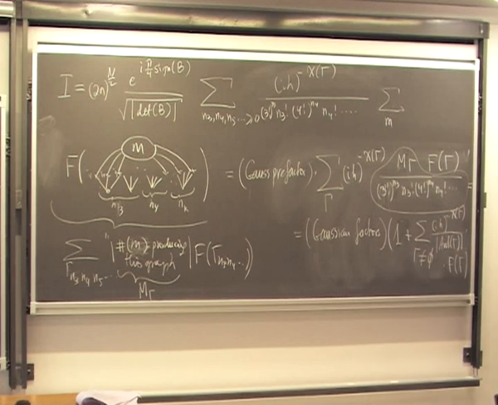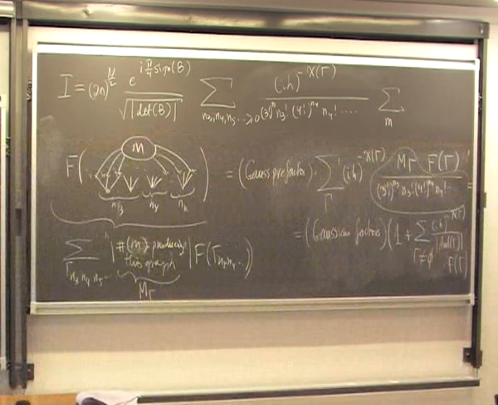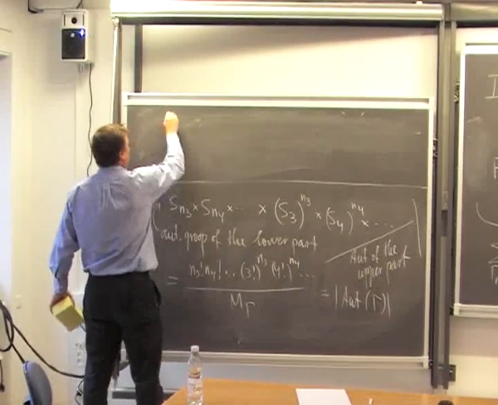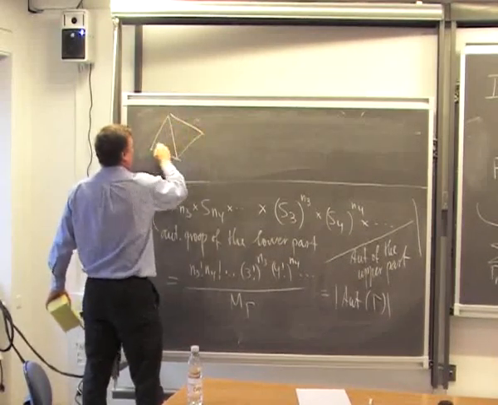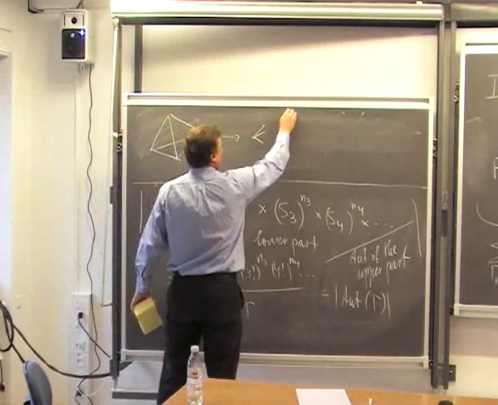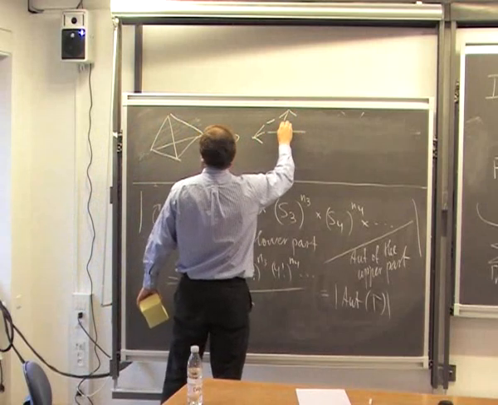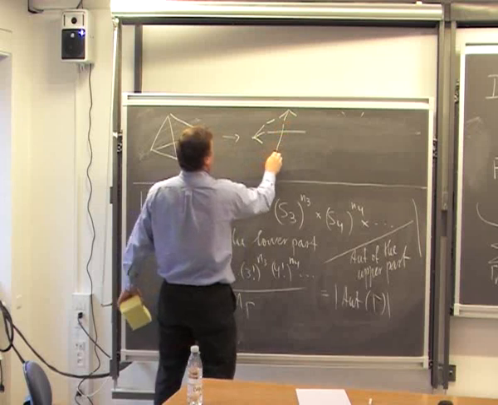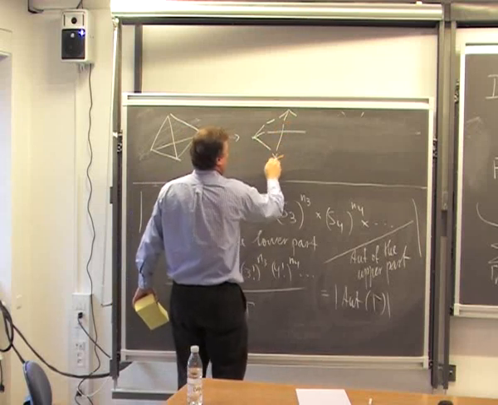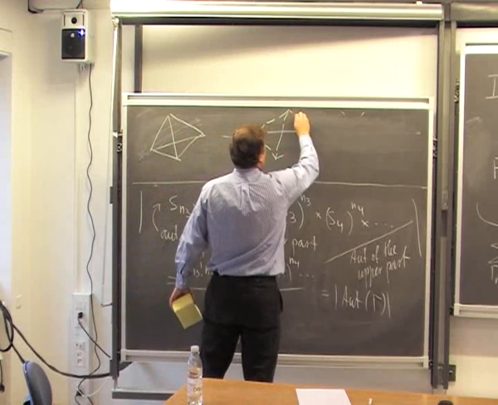And now the weight of gamma you can compute just by taking graph gamma, for example, here is graph gamma, and you take apart this graph by cutting out stars of vertices and edges.